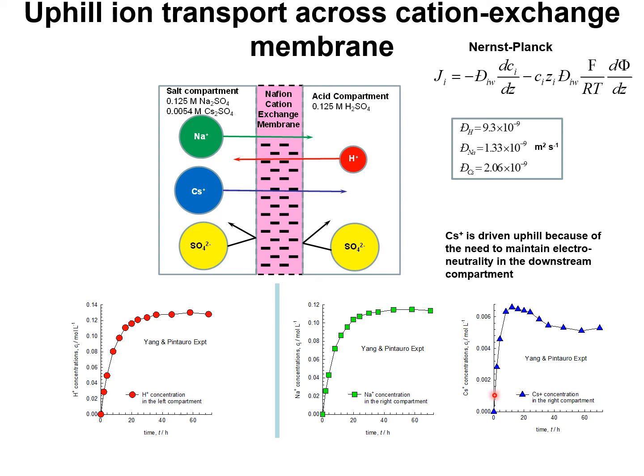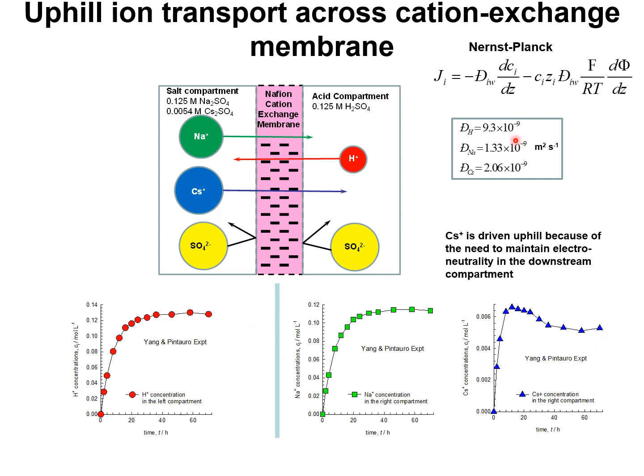It is to be noted that the concentration of cesium in the right compartment exhibits a significant overshoot before it approaches its equilibrium value in the right compartment.